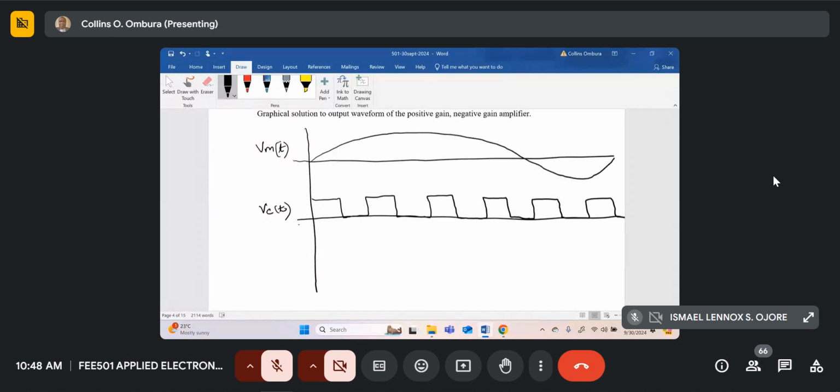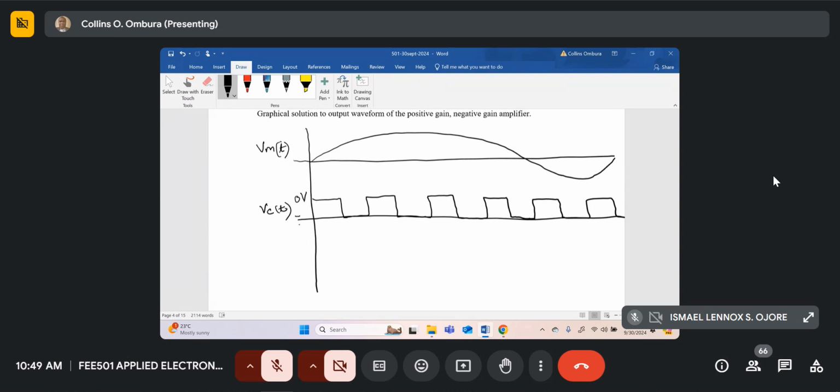So let's assume that when the clock is high, it means this voltage is approximately 0 volts over here. And this will be the pinch-off voltage. What's required to turn the FET off?